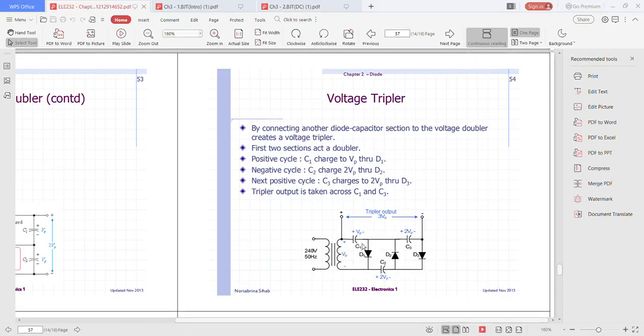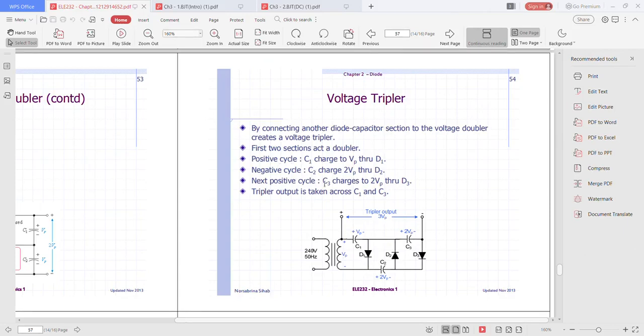So this voltage here is actually equal to the voltage at the input here, Vp. Alright, so there will be no voltage for C2 and C3 during the first positive cycle.